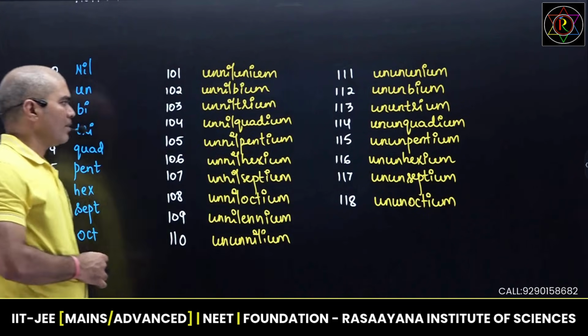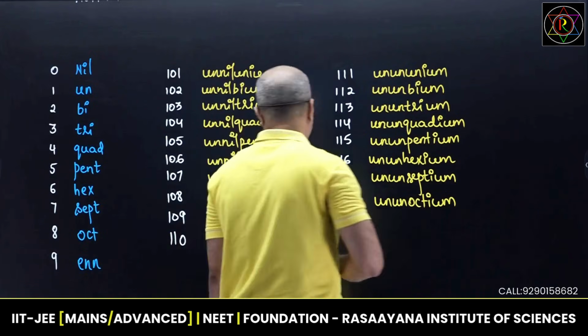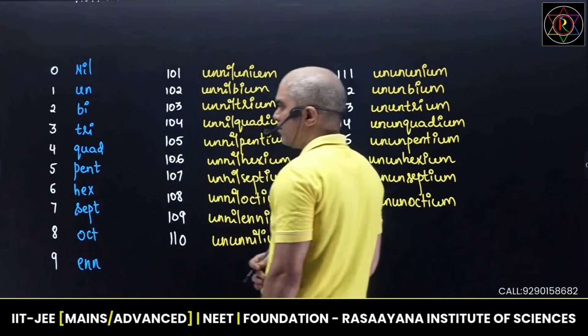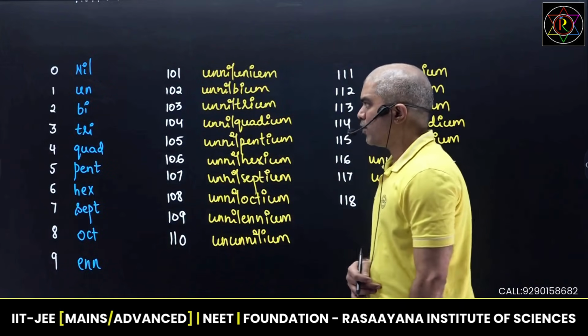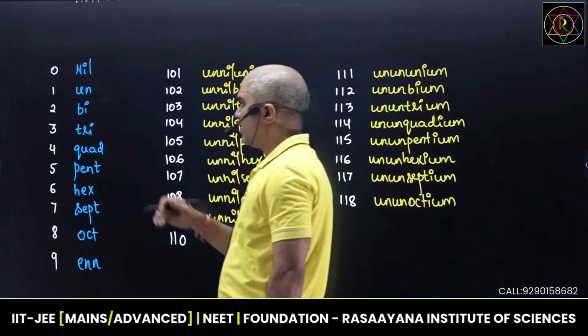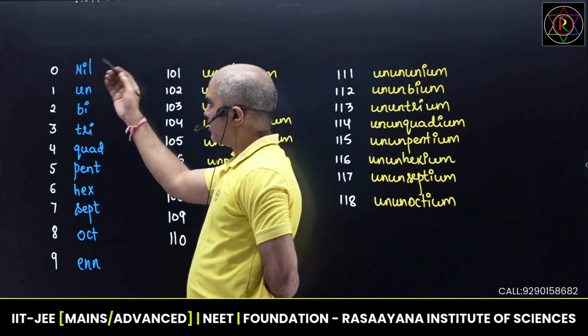I just repeat. For IUPAC nomenclature up till 100, the simple elemental symbols have been given. From 101 to 118, we have different type of labeling.